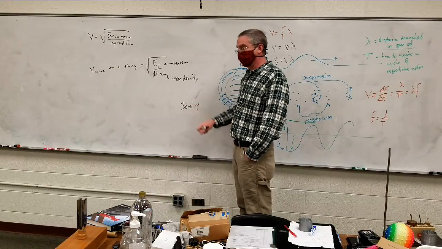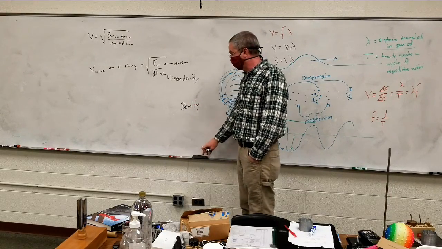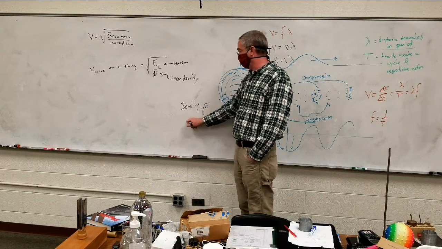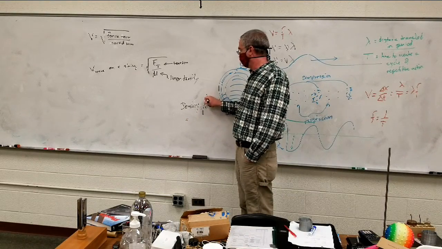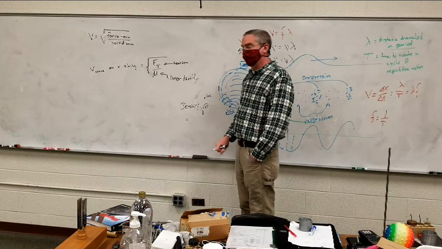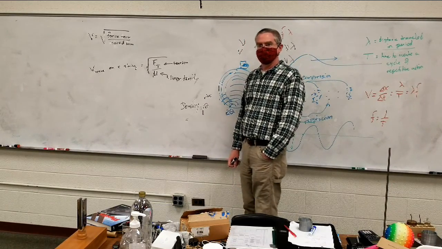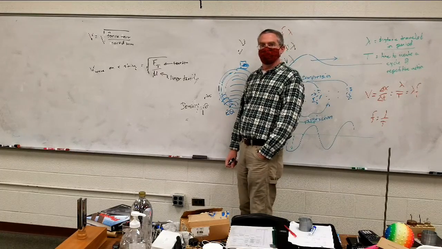Guessing there's at least one person in here who's had chemistry before. Density, generally symbolized by the letter rho, at least in physics. What is the formula for density? Just the regular old density. It's mass divided by volume.